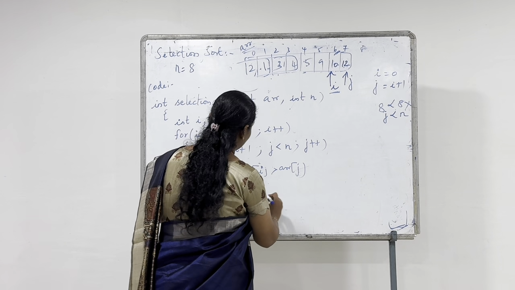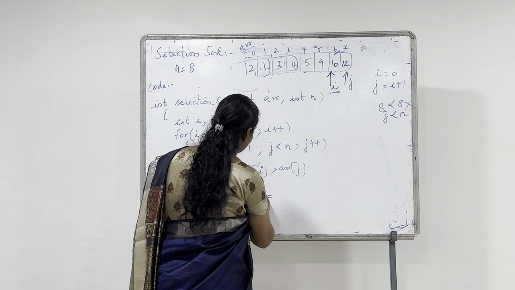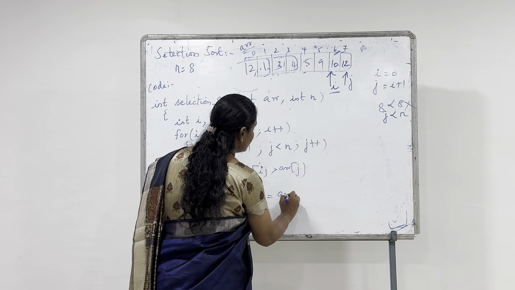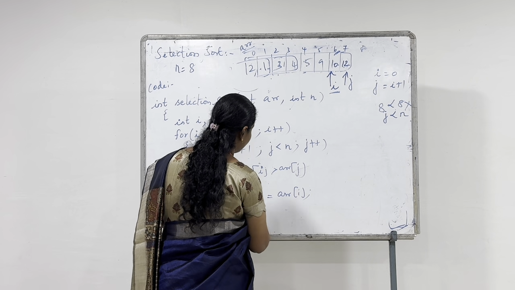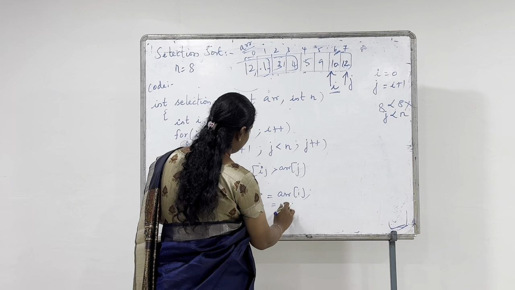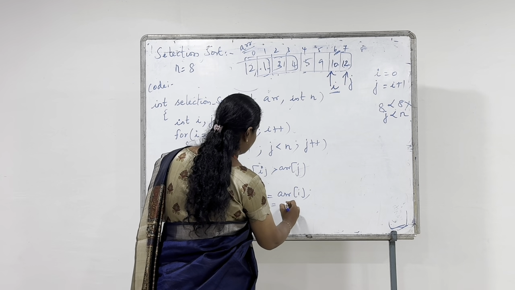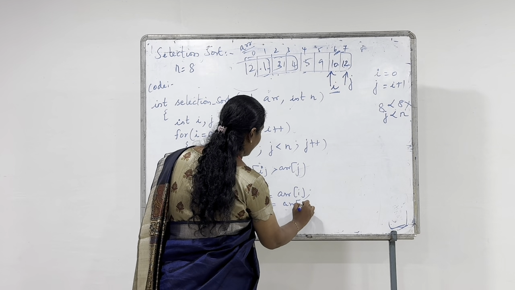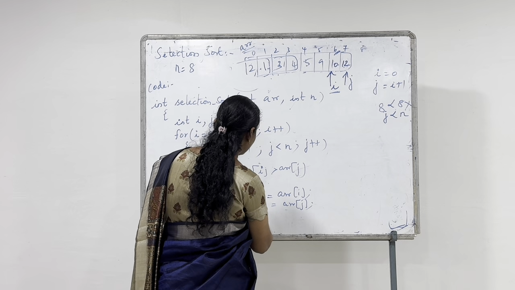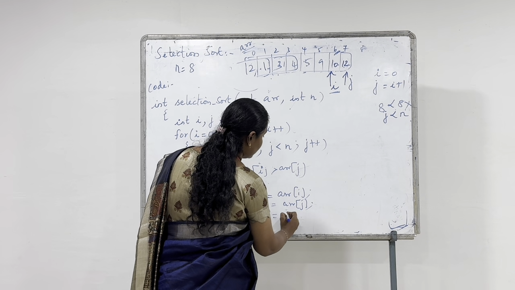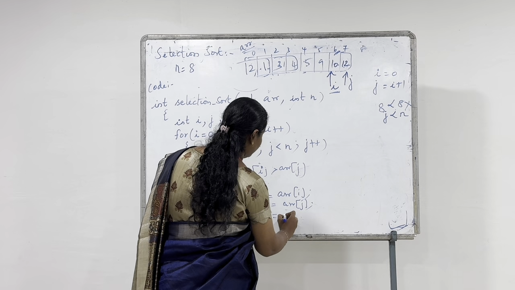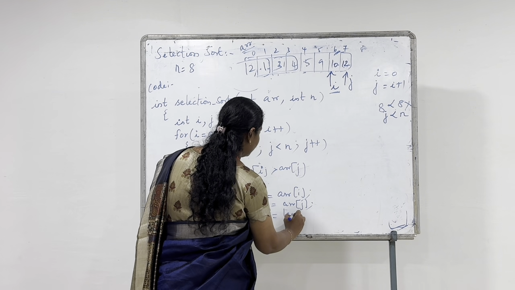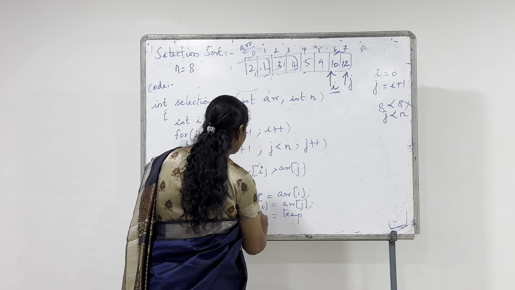So in temp I am going to store array of i, and then I am going to store array of j value to array of i, and then temp to array of j.